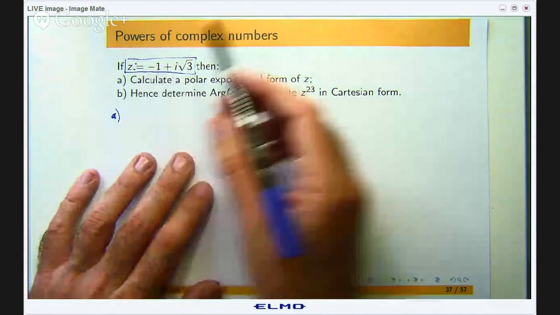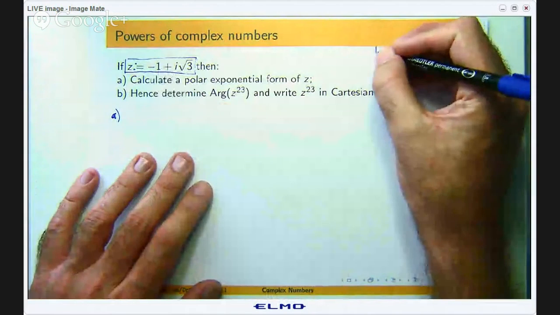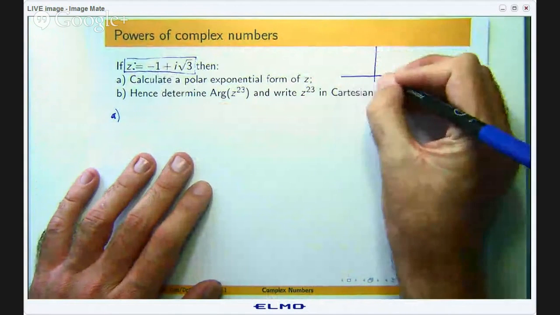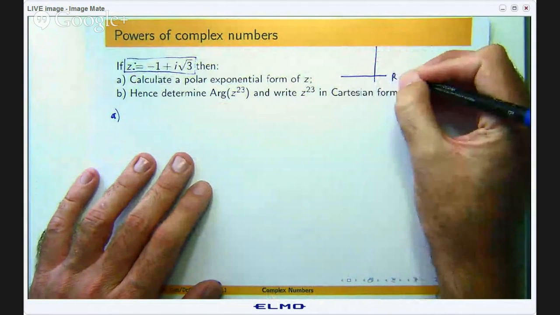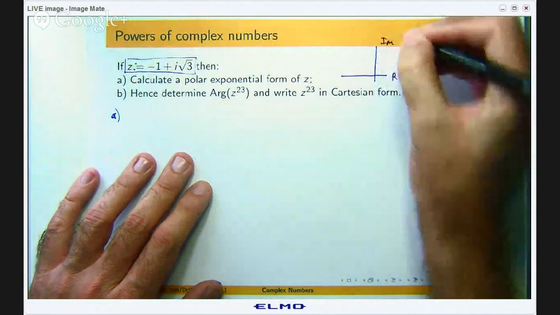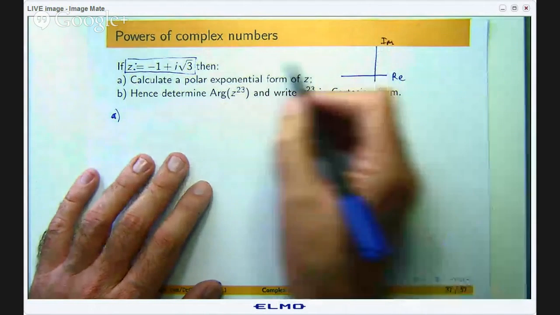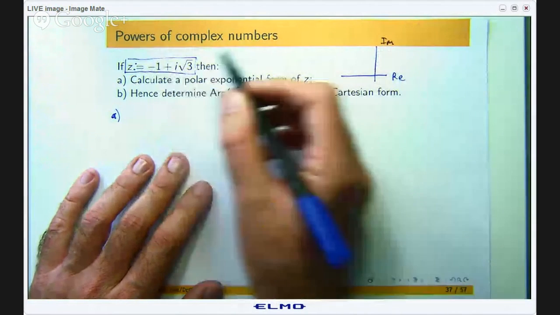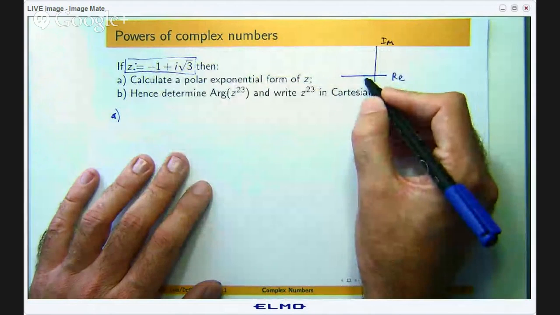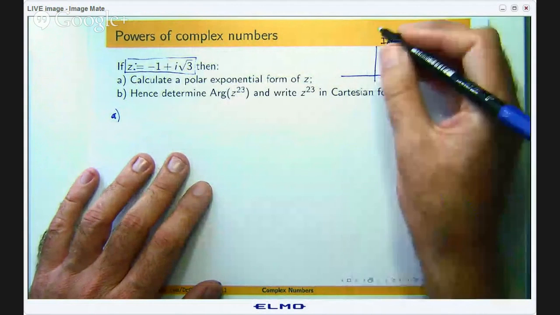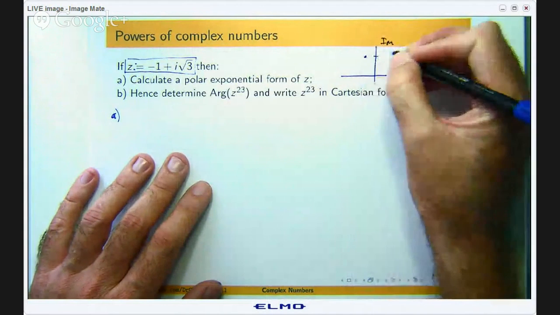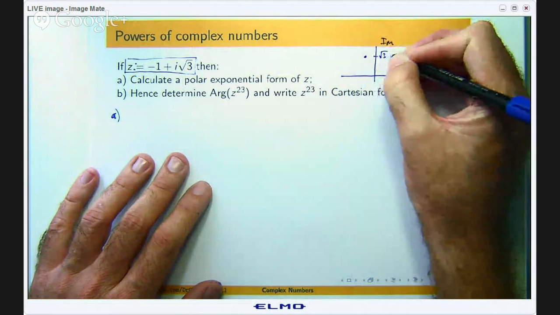If I just draw a freehand, say, complex plane, it's -1 plus i times root 3. So I go 1 unit to the left and root 3 units up.